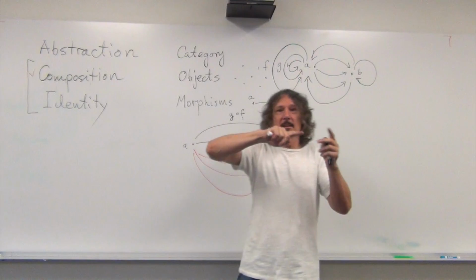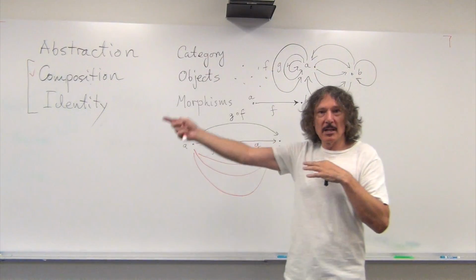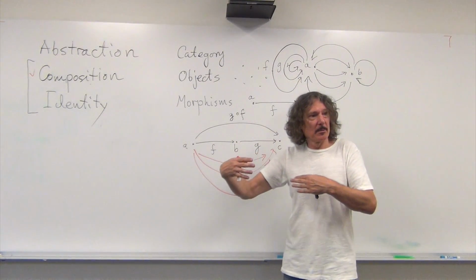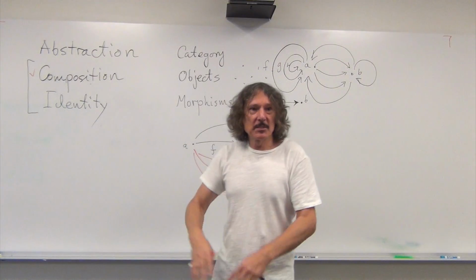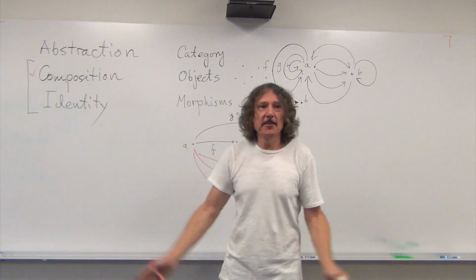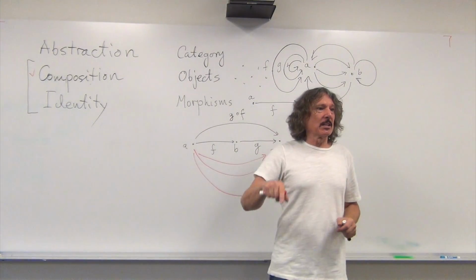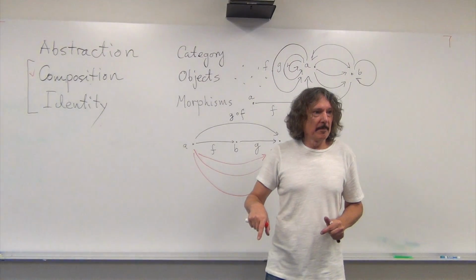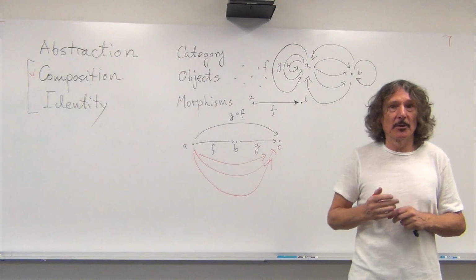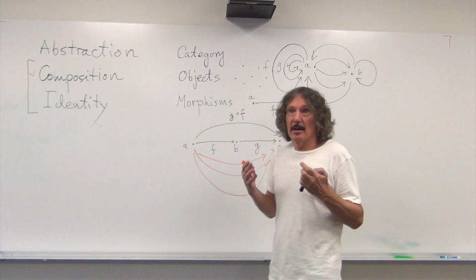For every three objects, you have to define all possible combinations in which you can compose arrows going between these objects and so on. So it's a humongous multiplication table. And the whole information about the category is in this multiplication table. Okay? So remember, this is the multiplication table for a category. It's a composition table, how you compose morphisms.